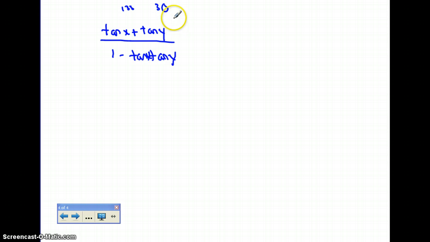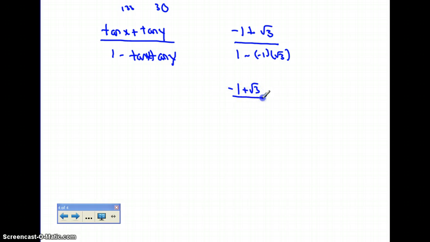The tan of 135 is negative 1, and the tan of 30 is radical 3 over 3. Then it's 1 minus negative 1 times radical 3 over 3. Okay? So that gets me negative 1 plus radical 3 over 1 plus radical 3.